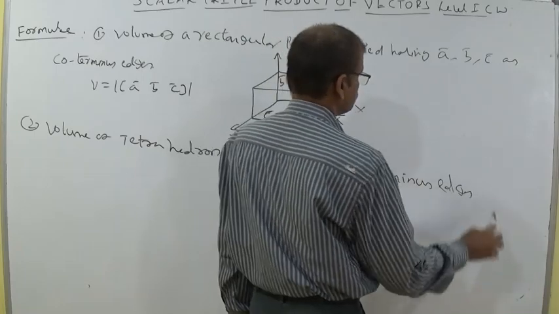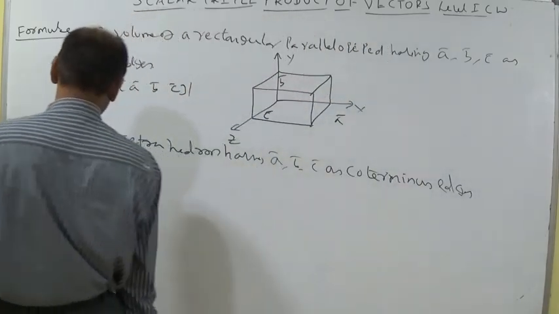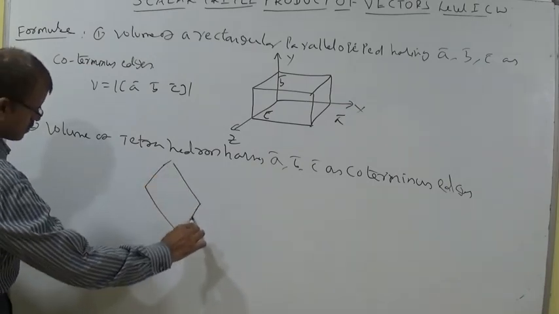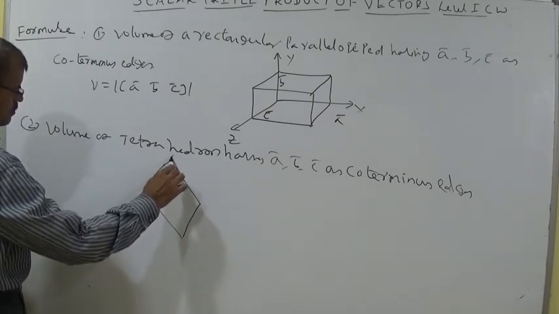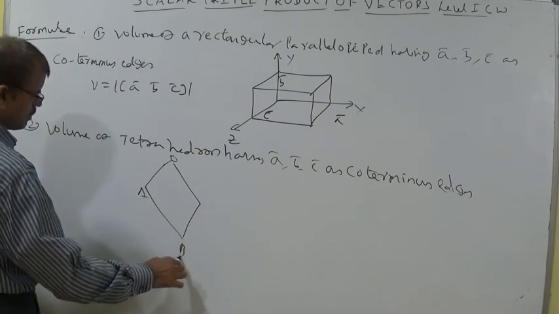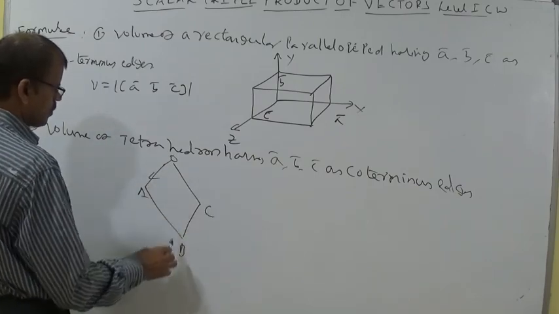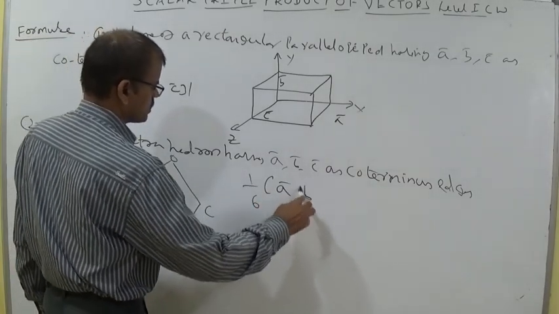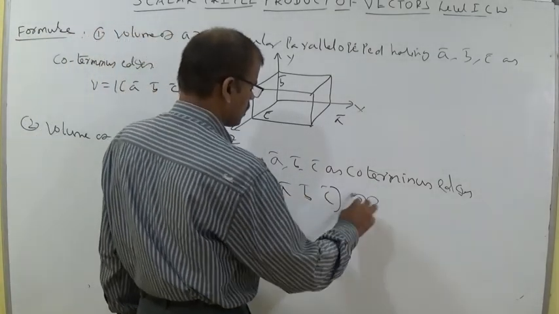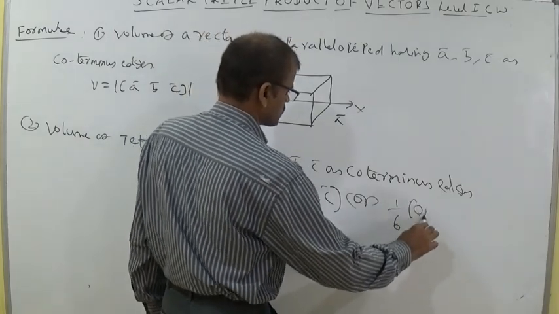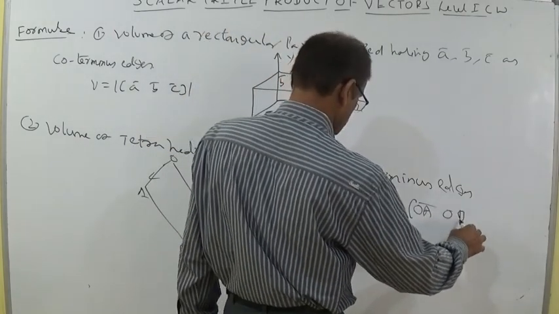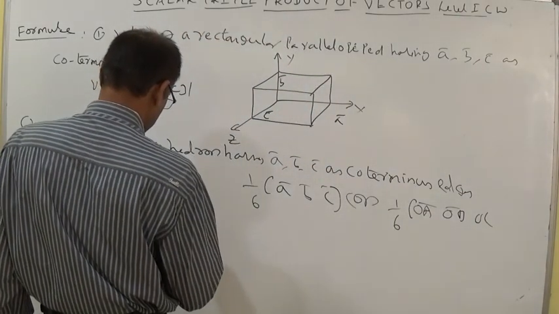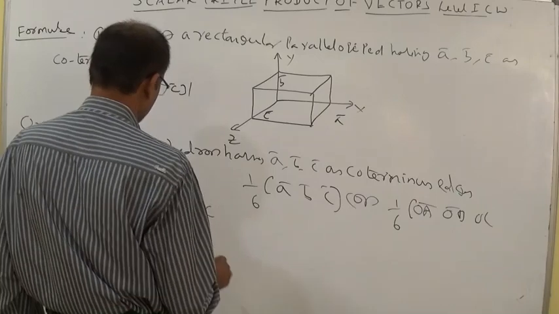I am writing OABC here, with OA equal to A bar, OB equal to B bar, and so on. This is 1/6 box A bar, B bar, C bar, or you can write 1/6 box OA, OB, OC. This is the tetrahedron.